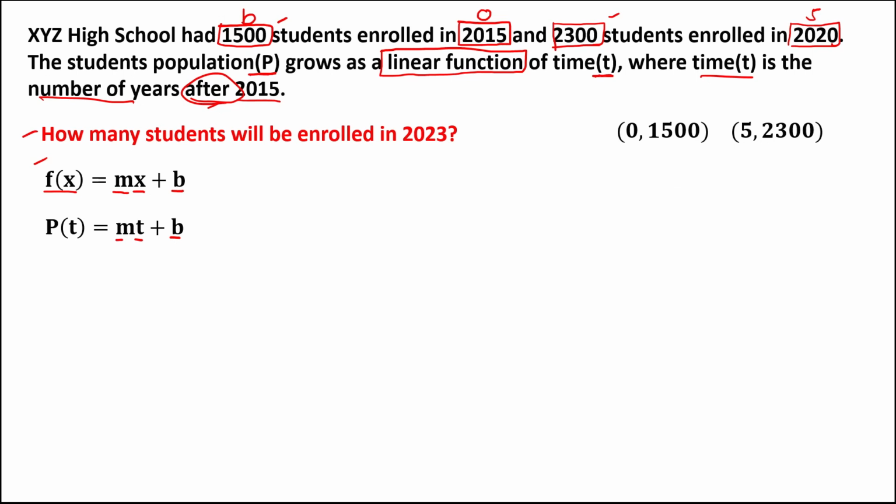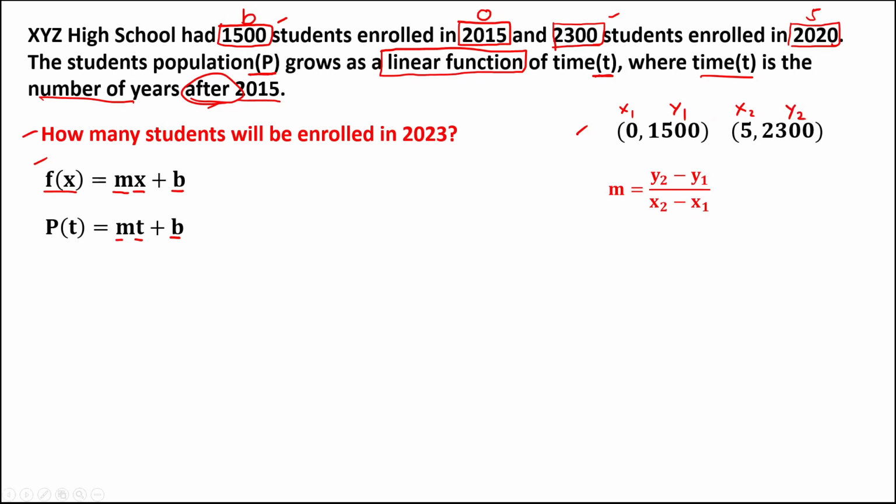Then to find the slope, using the slope formula, we have y sub 2 minus y sub 1 over x sub 2 minus x sub 1. From these two coordinates, this is x sub 1, x sub 2, y sub 1, and y sub 2.